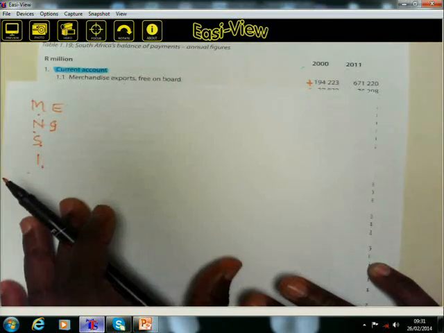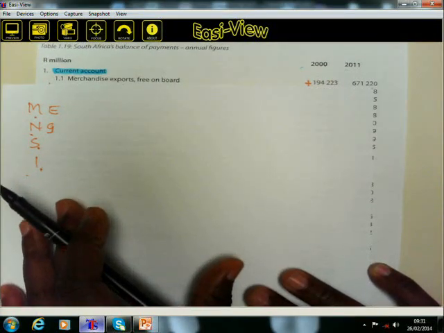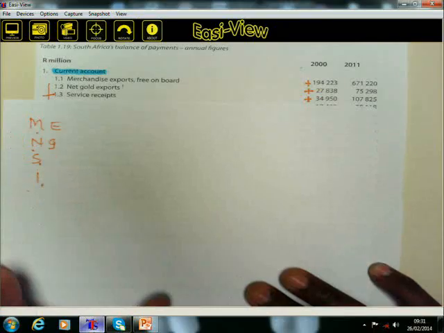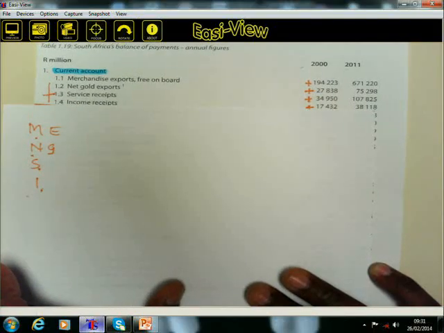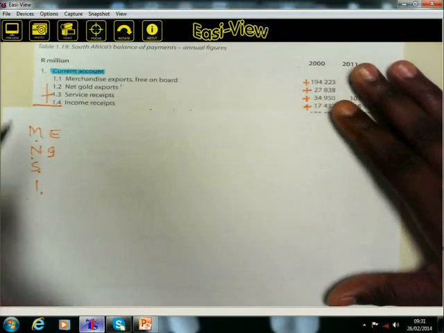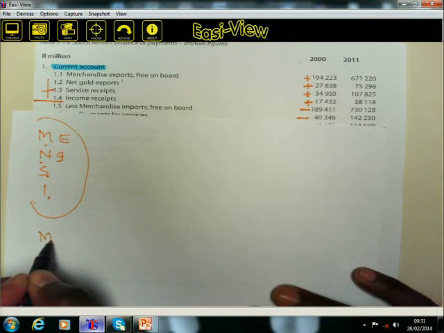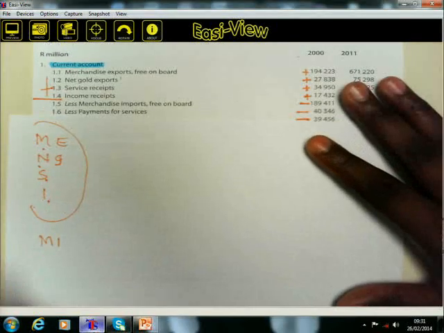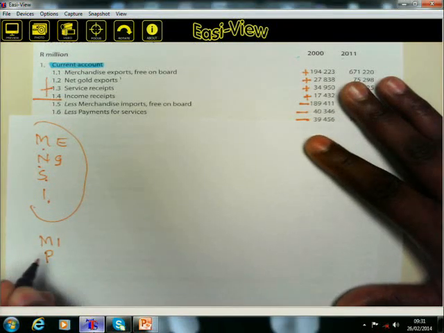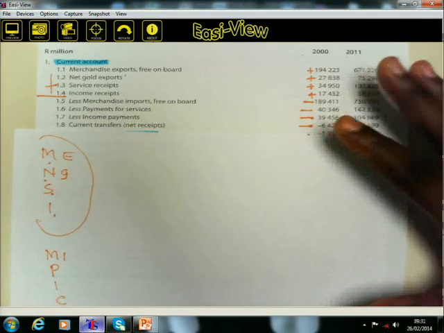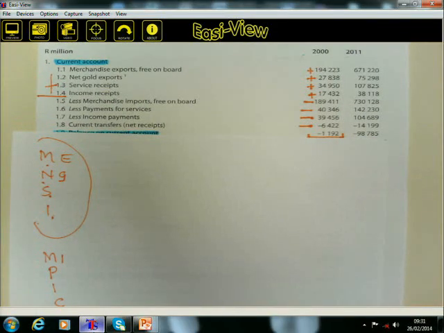To recall this information, what is important here, you need to know the ME, NG, S, and I. These ones are added. We add these together and subtract merchandise import. You can say MIPIC.